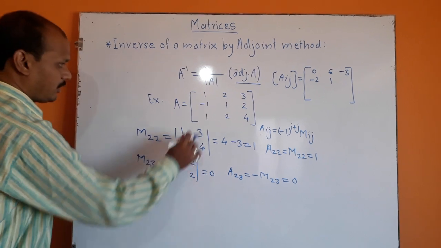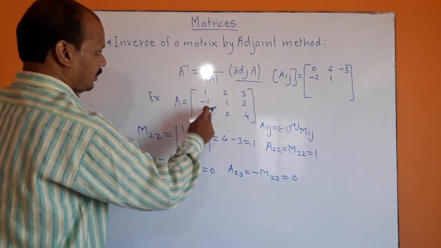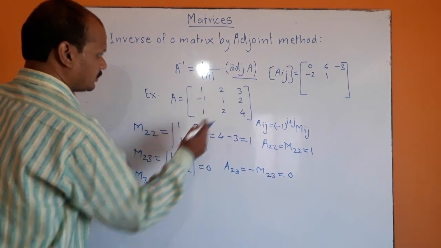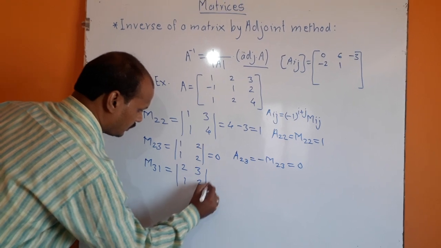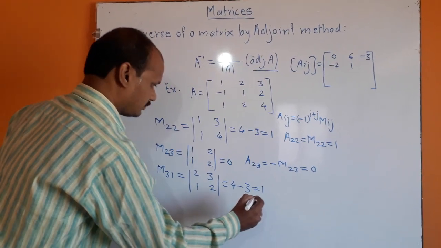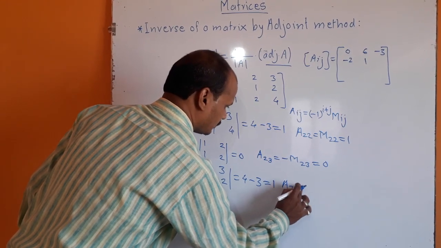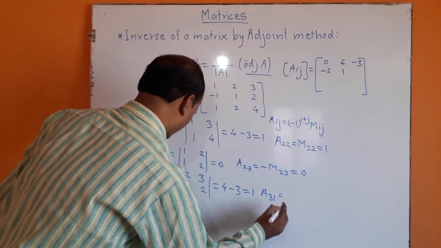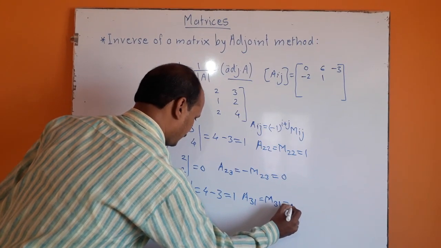M31, the minor of 1, deleting the third row and first column: determinant [2 3; 1 2], which is 2 into 2 minus 3 into 1, equal to 1. A31 is equal to M31, equal to 1.